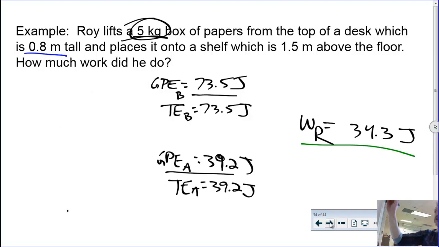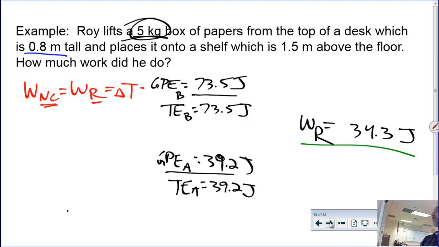So for this problem, the work done by non-conservative forces is the same as the work done by Roy, right? Because Roy is the only non-conservative force. And that should equal our change in total energy, right? That's one of the things that we learned just a minute ago, that the work done by non-conservative forces is equal to our change in total energy. So let's find our change in total energy.